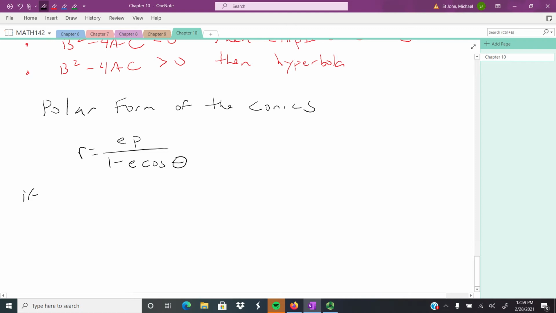So if e is equal to 1, we have a parabola. If e is less than 1, then we have an ellipse. And if e is greater than 1, we have a hyperbola.